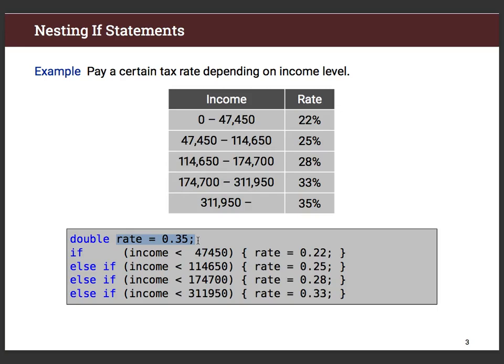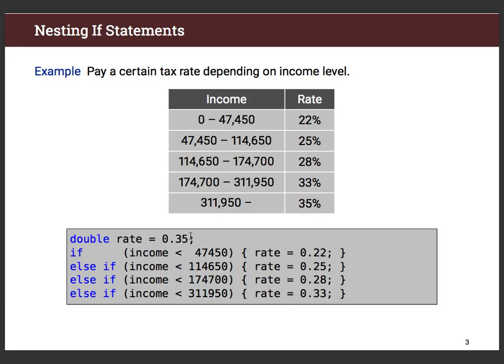But, just in case we made a mistake, this is actually safer, because now we are setting some rate. And in case we leave out some case, at least we are assured that rate has a value. It's not undefined. So I don't think your explanation is quite exactly correct.